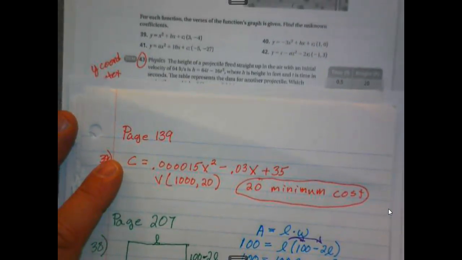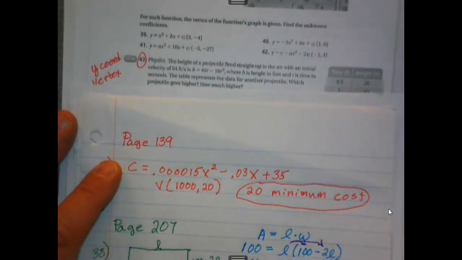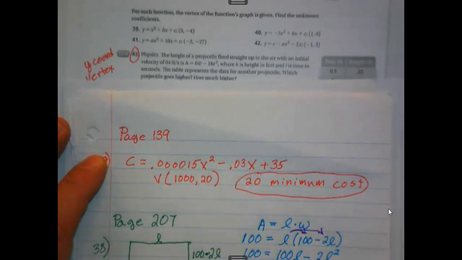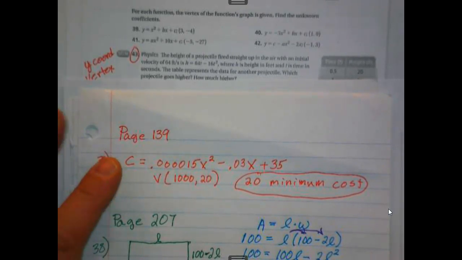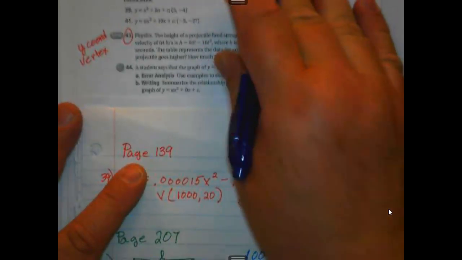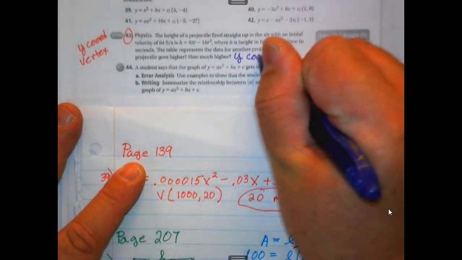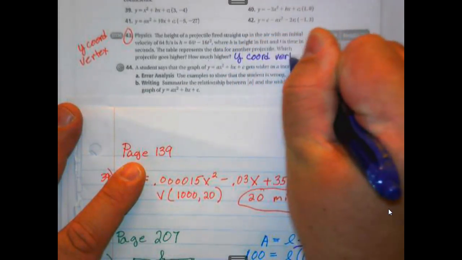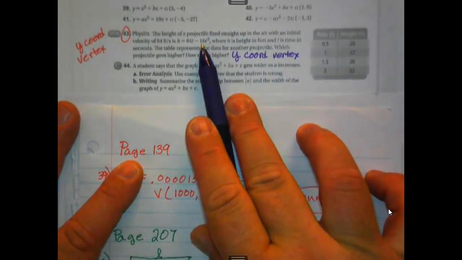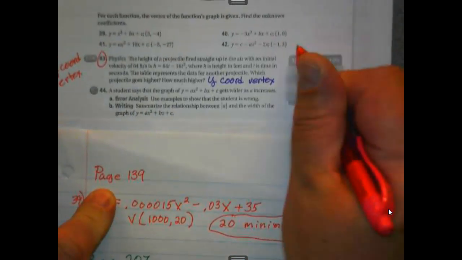The table represents data for another projectile. Which projectile goes higher? Now, think about this. Which projectile goes higher? What tells us the height of a projectile, the maximum height? It's the y coordinate of the vertex, right? The y coordinate of the vertex gives us the height. So we have a parabola here, because that's t squared. And actually, this is a parabola also, the chart.